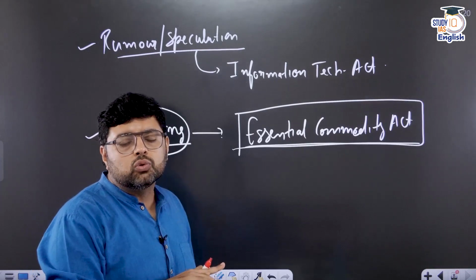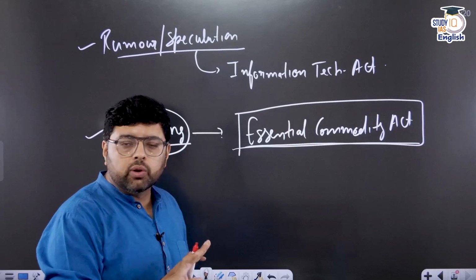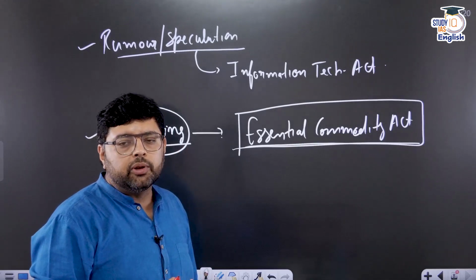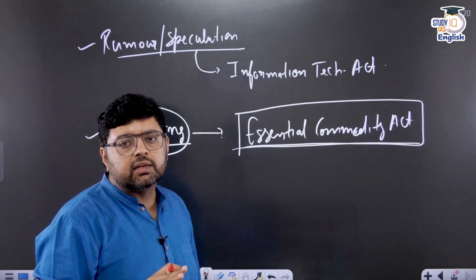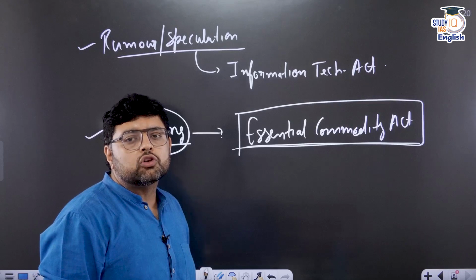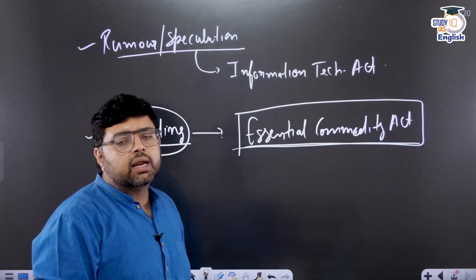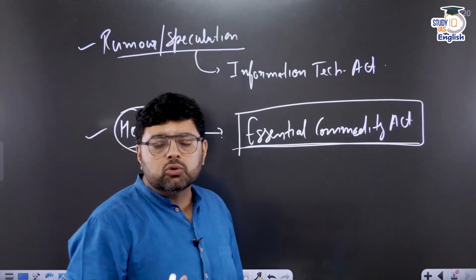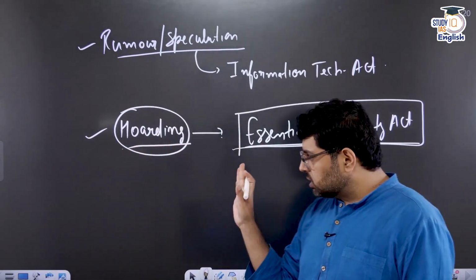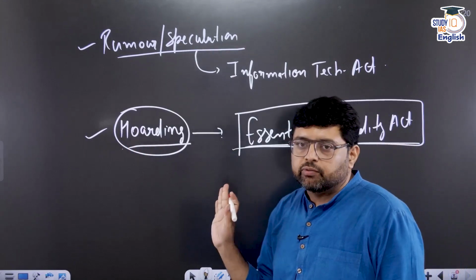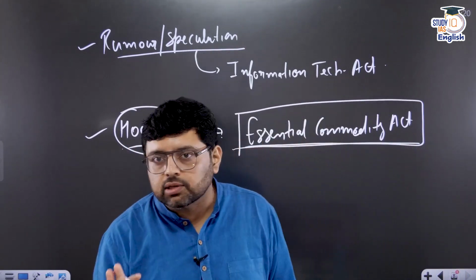But when it comes to essential commodities, hoarding is not allowed. Best example that I can give you: during COVID, sanitizer, mask, gloves, PPE kit, COVID medicines, oxygen cylinders were regarded as essential products. So those who are found storing such items will be penalized, or action will be taken against them by the concerned authority.